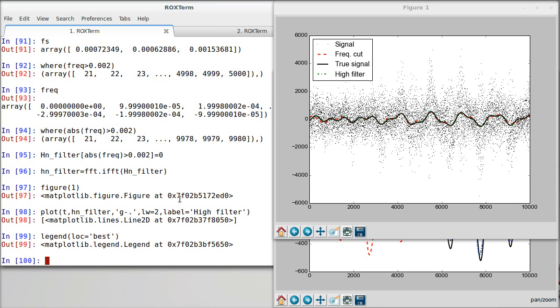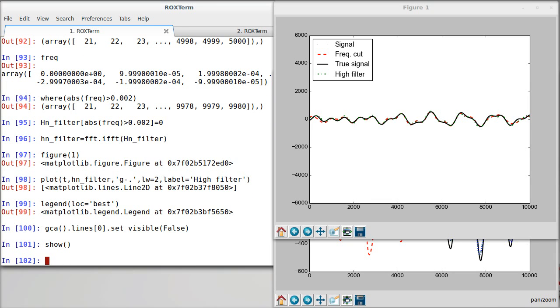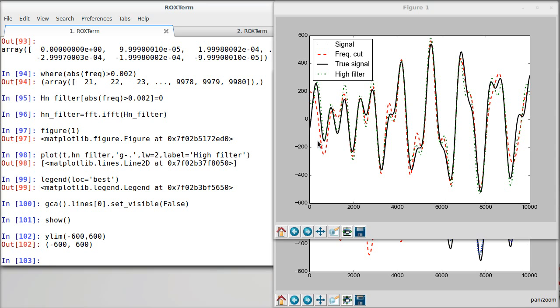We can improve this by doing things like, let's remove the signal data. Let's make that invisible. For those of you who were around right before fall break, you know how to do that. Okay, that makes sense to you. And so we made that invisible. Let's change the y limits, make it the same as the other one, maybe minus 600 to 600 to expand this a little bit.